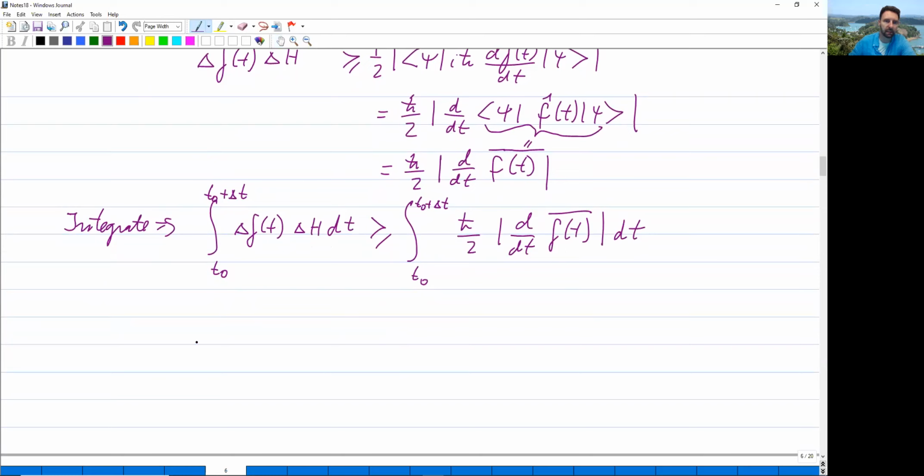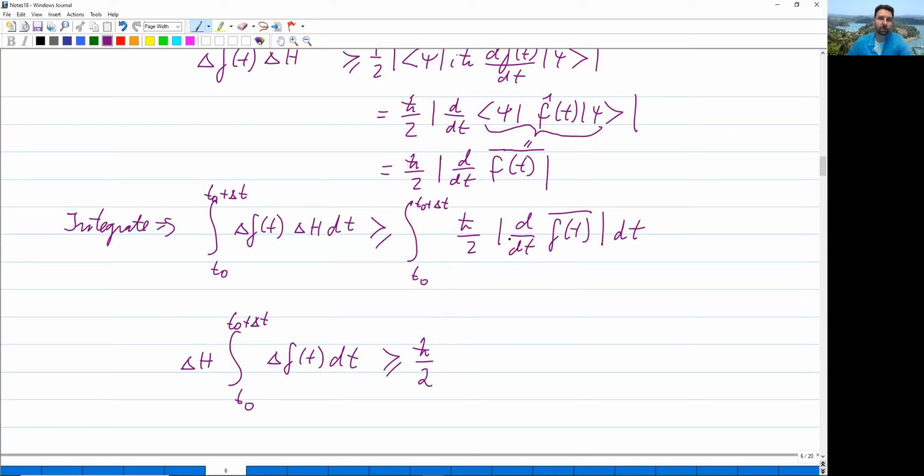So what we obtain then is that delta h times the integral from t naught to t naught plus delta t of delta f of t dt is larger equal to, well, first of all, we can pull out a 1/2 h bar, but then wouldn't it be nice if we could say there's an integral here and then we are integrating over the time derivative, and then we can use the fundamental theorem of calculus.